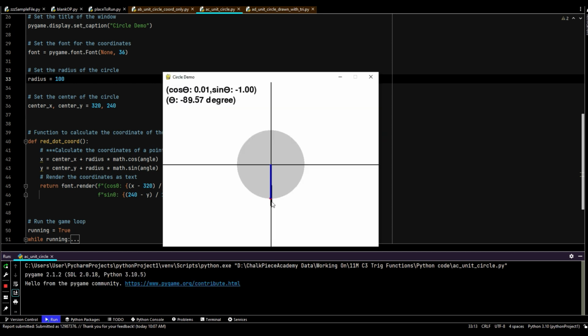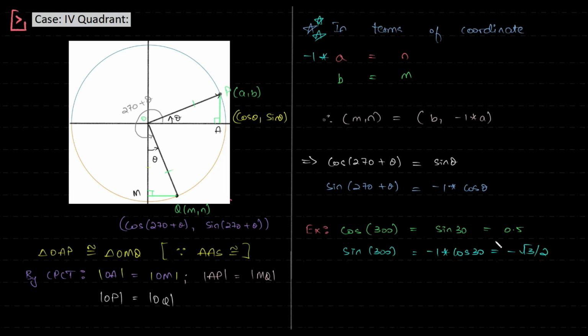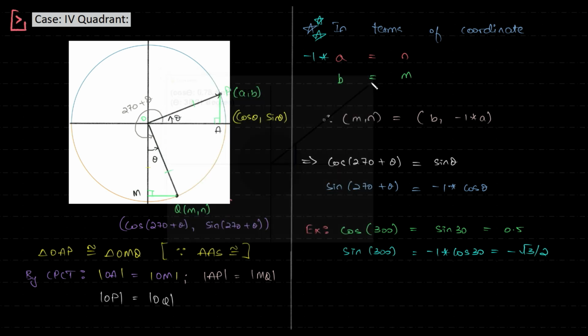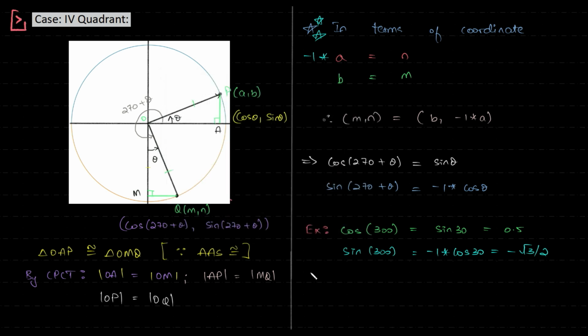Looks to be so. Let's have a look. 300 in terms of 30 is minus 60. Yeah, minus 60. So is that correct? Yeah, we have it right. Can you see that? Cos is positive while sine is negative, and that's what we got. So we have the relationship, and this is our relationship.